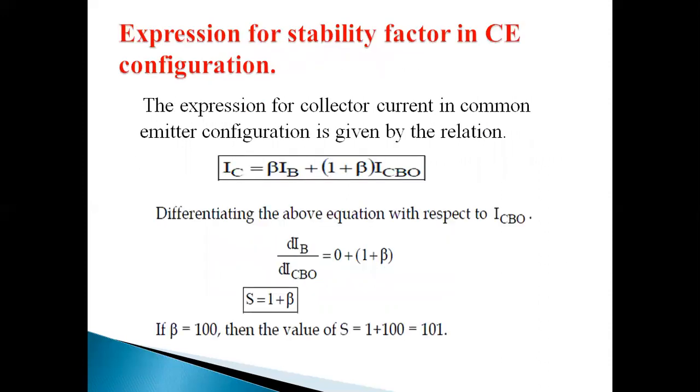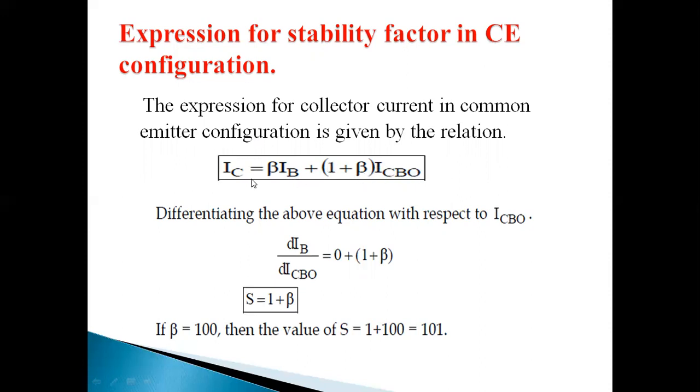Let us derive the expression for stability factor in common emitter configuration. First, the expression for collector current in common emitter configuration can be given as IC equals beta IB plus (1 plus beta) ICBO.